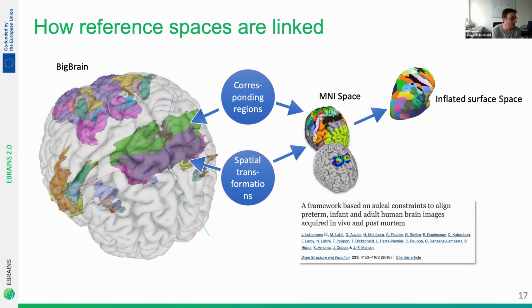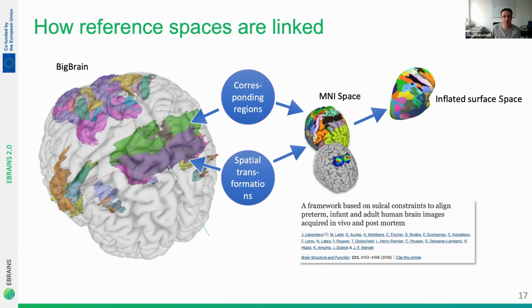Image registration going from one brain to the other computationally is always a very ill-posed process, and depending on which tool you use for image registrations, you get a different solution. So corresponding coordinates always have to be taken with a grain of salt, so to say. But it is an important link, of course, between these reference spaces as well.